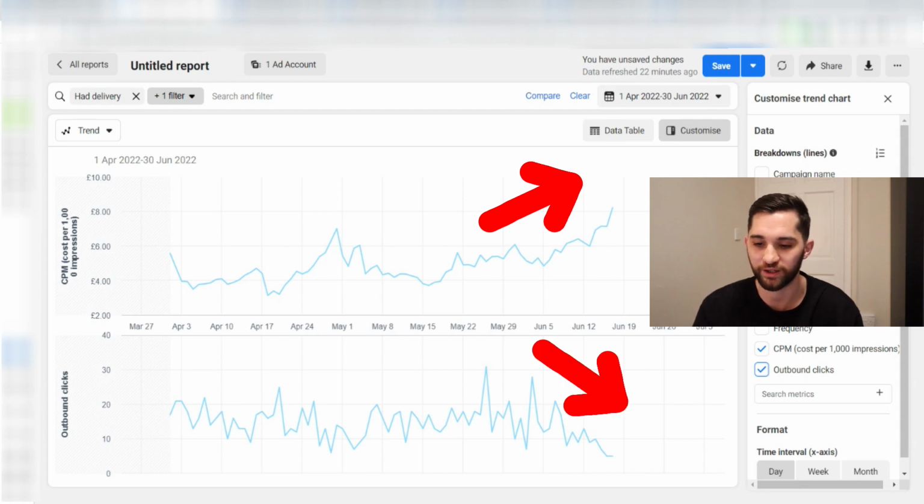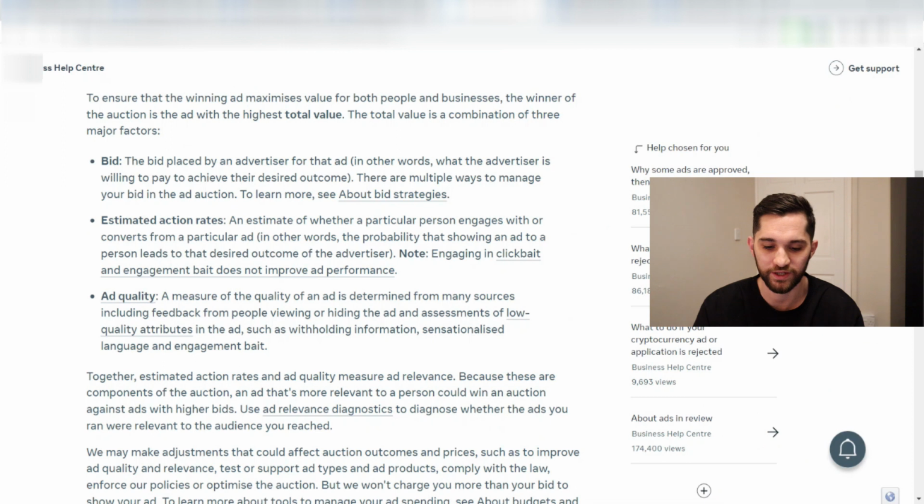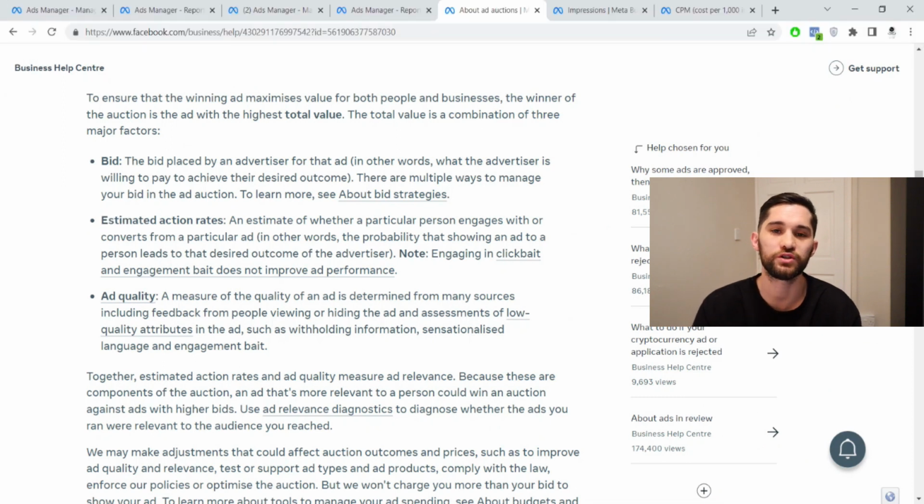So if we look back at the ad auction and this estimated action rates, if Facebook is determining who wins the auction based on this particular metric, which is how likely they expect someone is to click on your ad, once your CPM starts to go up, your outbound clicks go down. So the feedback data that Facebook is getting is that your ad is becoming less and less popular, which again means that you're winning less and less auctions.